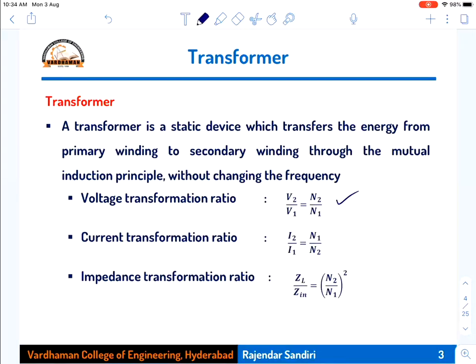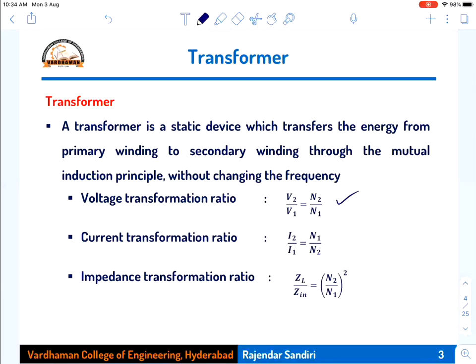Okay, so the transformer that is used here in the regulated power supply is a step down transformer. So always the number of turns in the secondary will be less than the number of turns in the primary. Suppose the turns ratio is given as 1:5 or 5:1, then whichever is less will be the turns in the secondary winding, the other will be the turns in the primary winding.